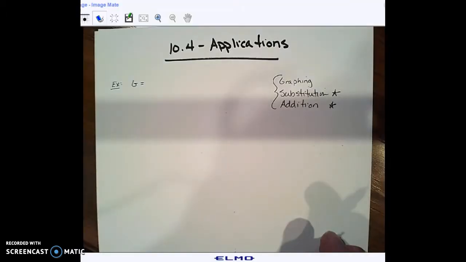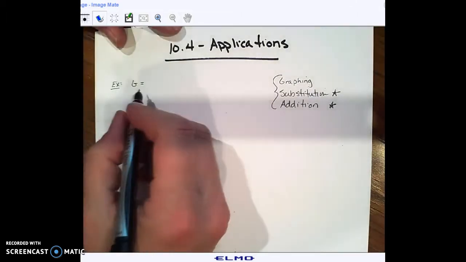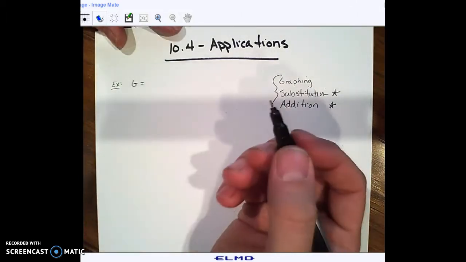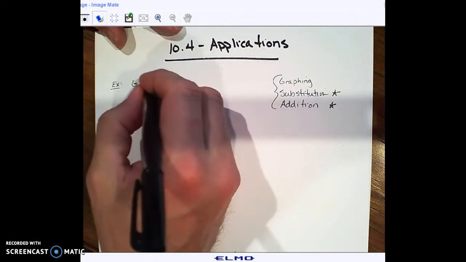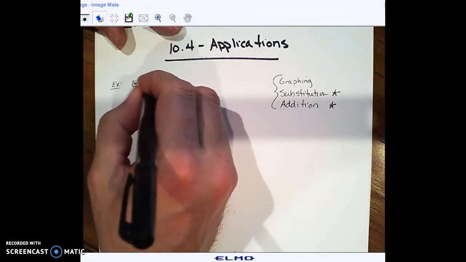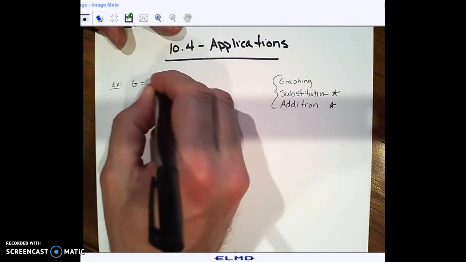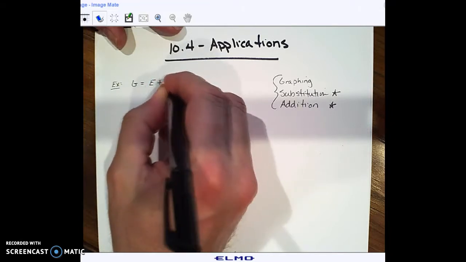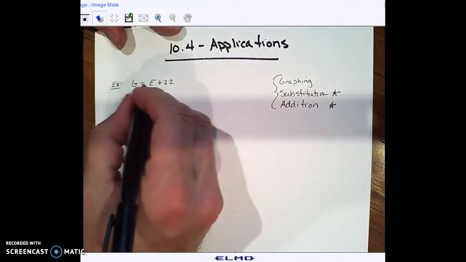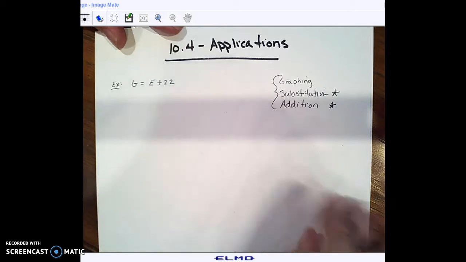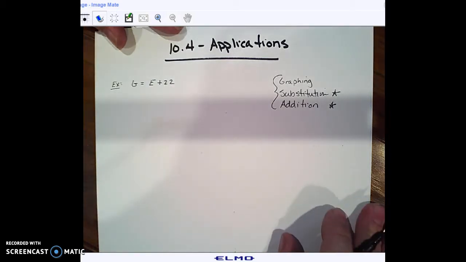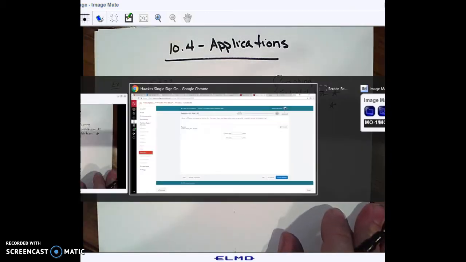Well, let's think about that for a second. That means that Gloria's age is Ed's age plus 22, right? So Gloria's age is equal to Ed's age plus 22 years. Not too bad.